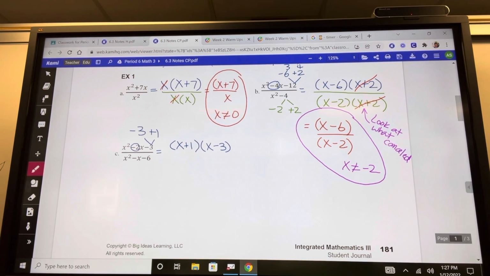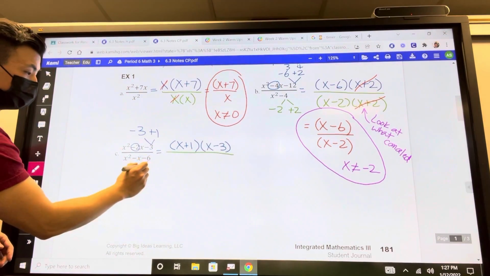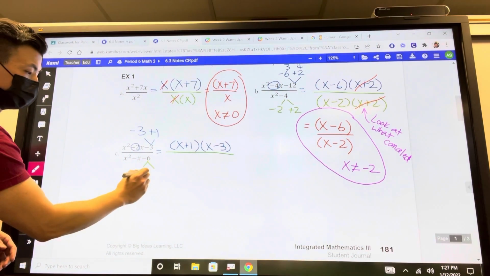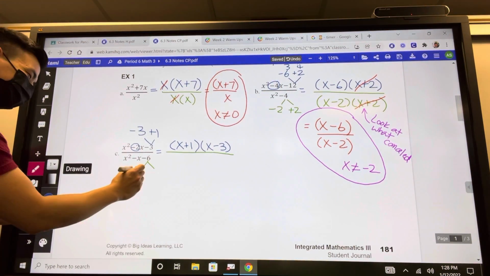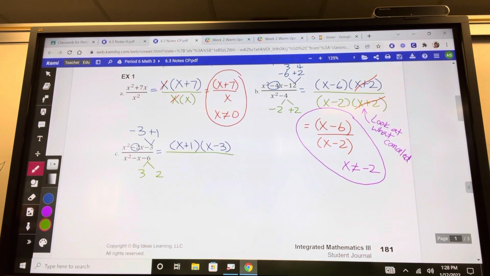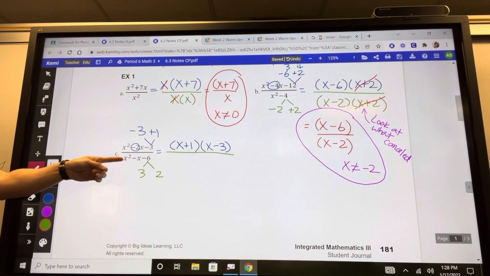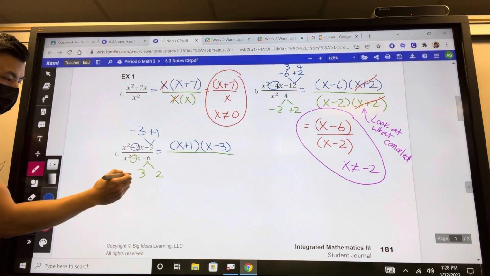We're good? Cool. So we're doing the same thing for the bottom. What are my factors of 6? Negative 6, positive 3, negative 6, negative 3, 6 and 1. If we're trying to make negative 1, yeah, negative 3 and positive 2, right?